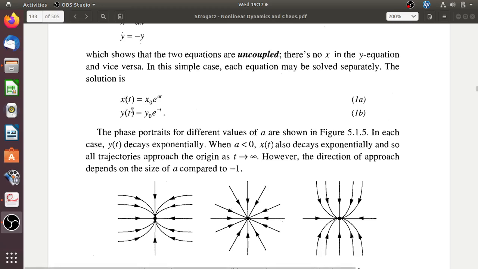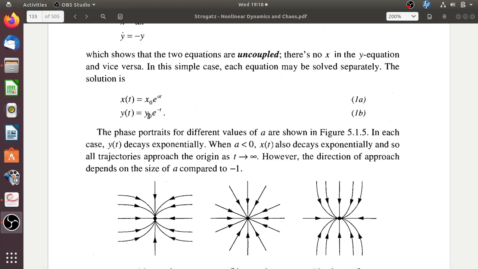So in short, I could write x and y as a column vector. Then for that particular initial condition it is equal to e to the power of some constant, let's call it lambda, times t, times x naught and y naught. e to the power of lambda t is the same for both x and y for that initial condition. So for the coupled problem, let's assume there exists such an initial condition.